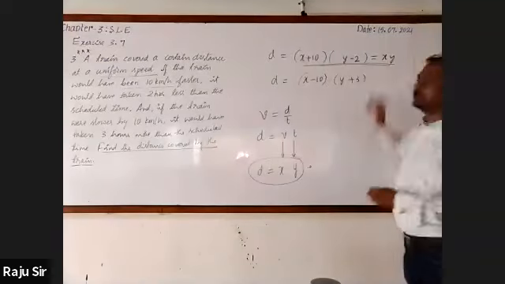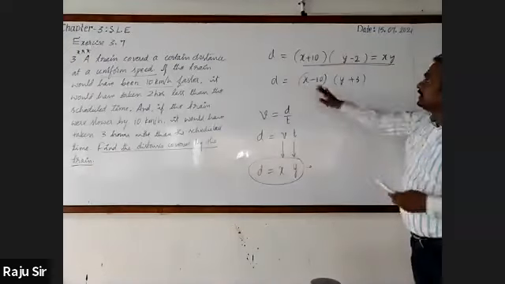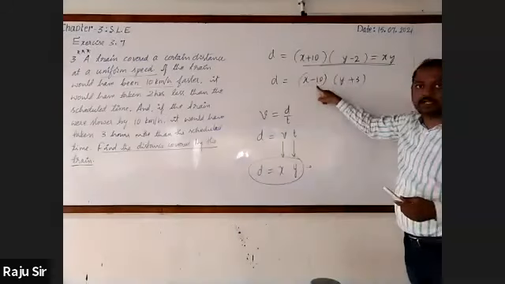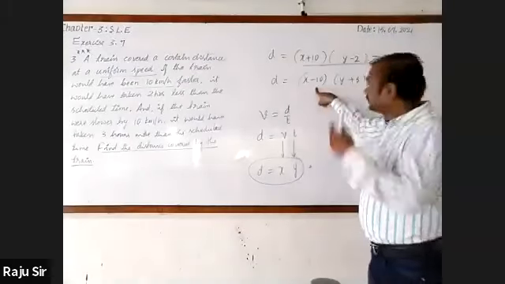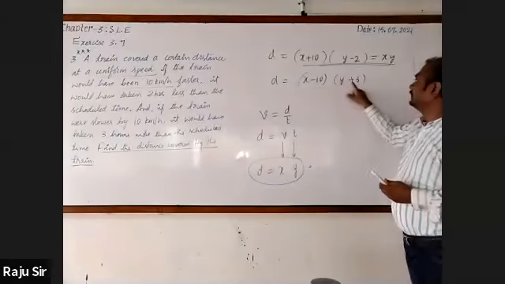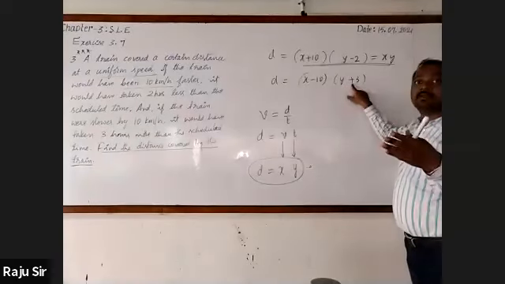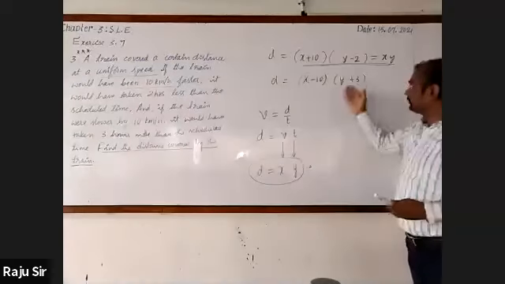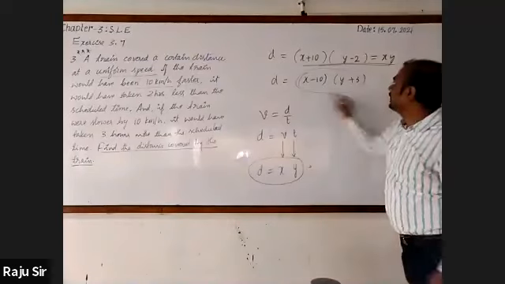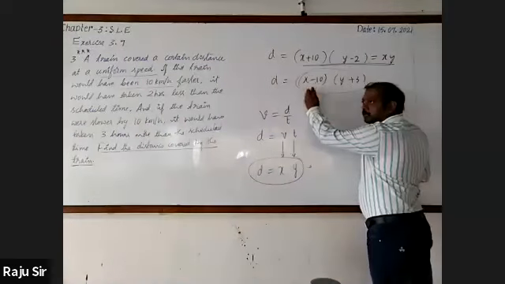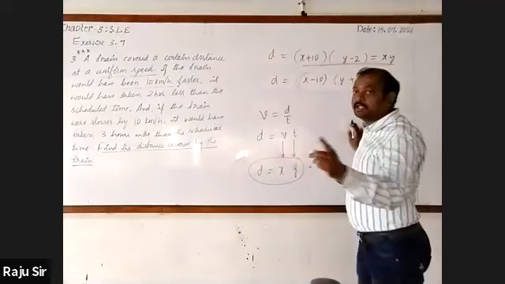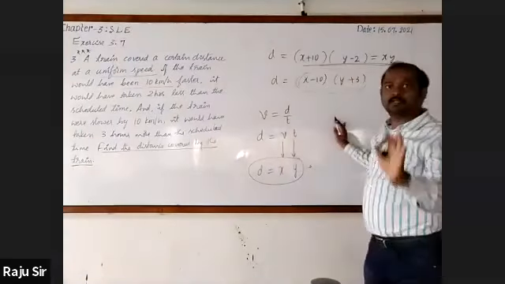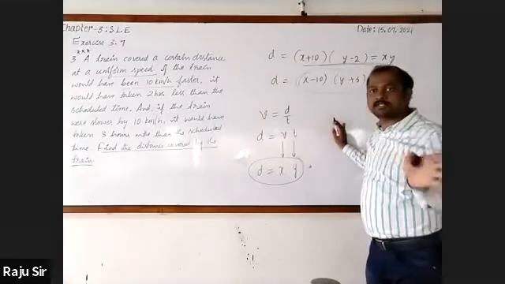You get one equation. Similarly, in the second situation, it has been given that if the speed is reduced by 10 km/h, then it takes 3 hours more than the scheduled time. But the distance covered will be the same. The train moves slowly, and by taking more time, it covers the same distance.